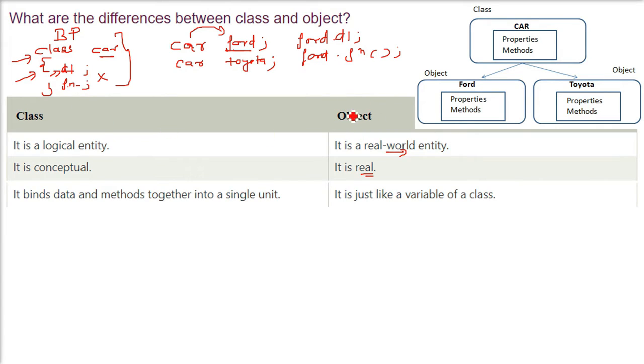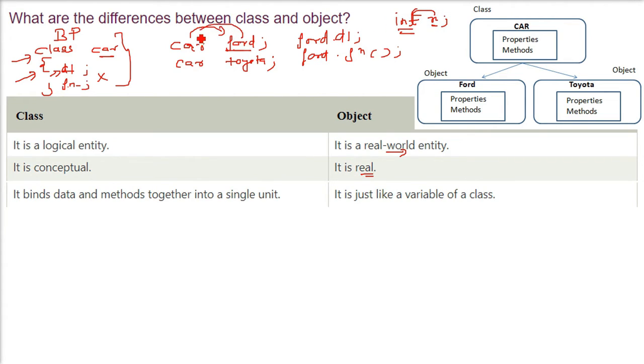But object is just like a variable, like int x, integer x. This is the variable you make normally. So int here is the class, the user defined entity, and x is a variable of type int. So here we have the object which is of the type of class.